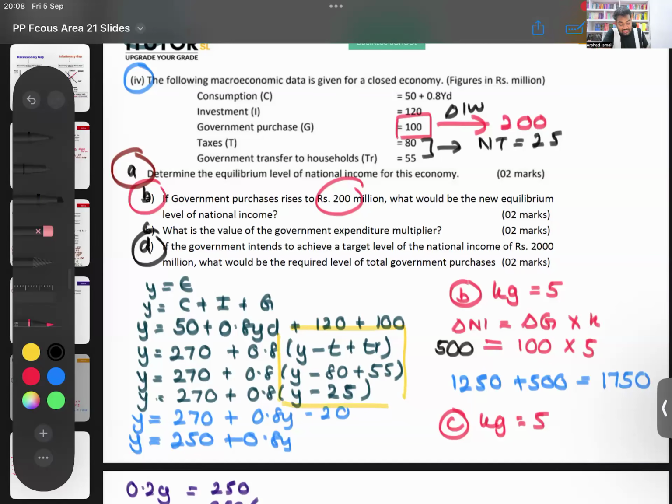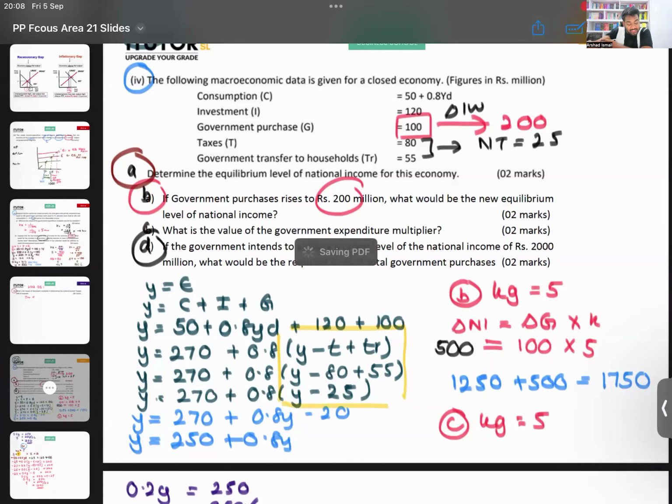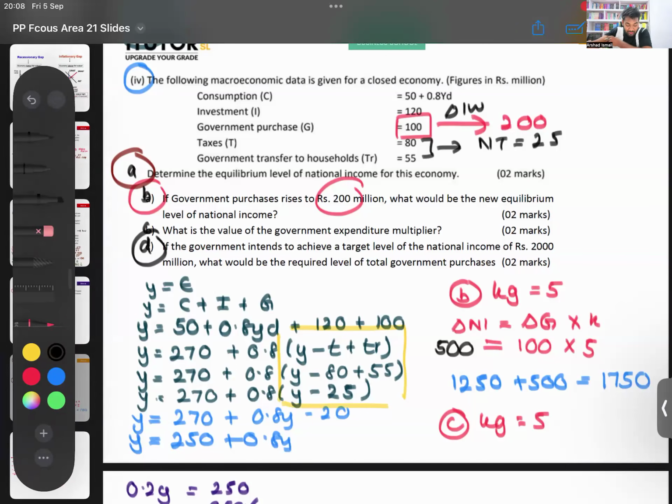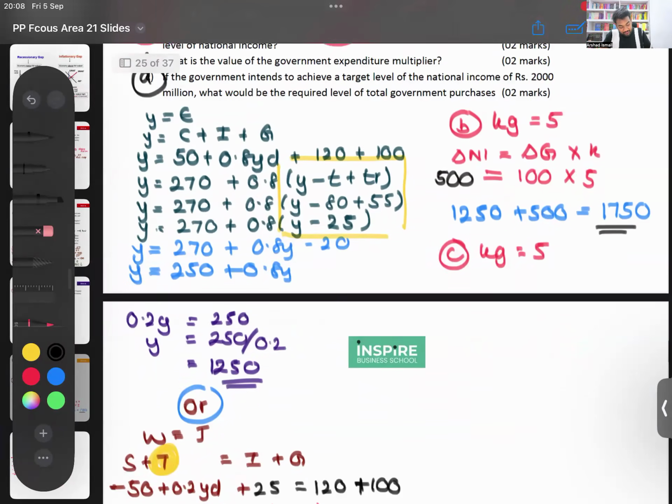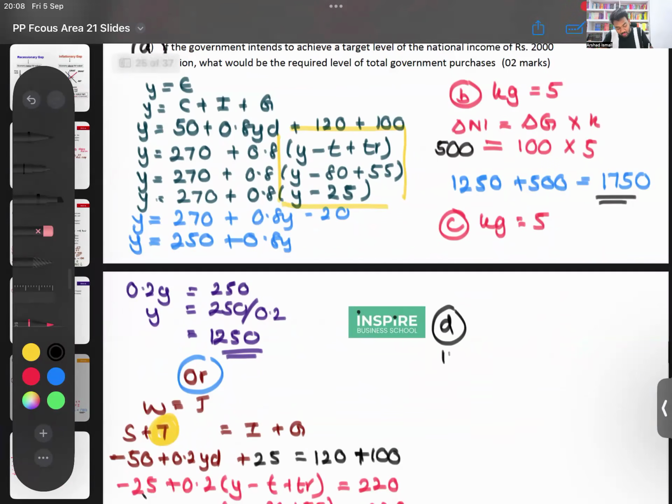Part D. If the government intends to achieve a target national income of 2,000, what would be the required level of total government purchases? Let's start with 1,750. If you want to go from 1,750 to 2,000, you want national income to increase by 250.